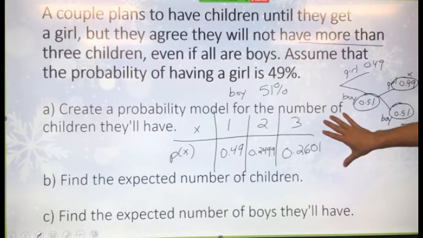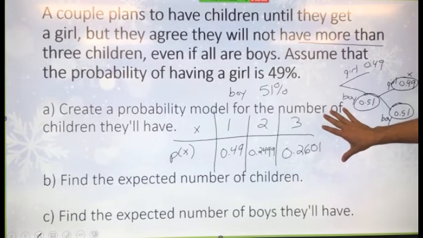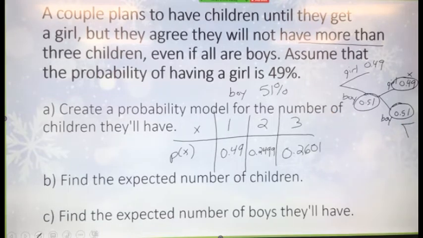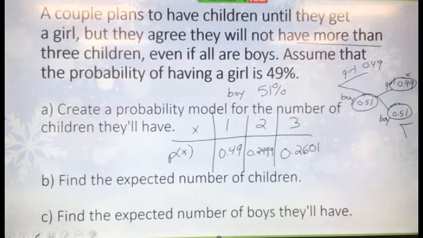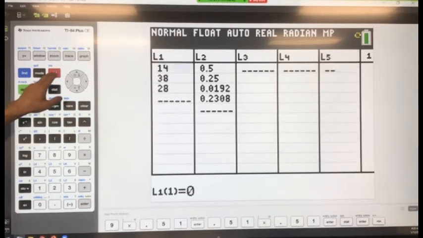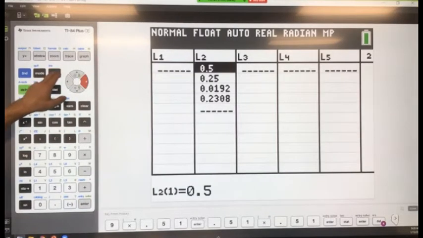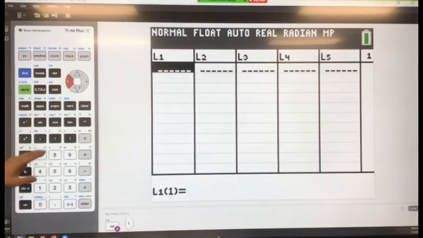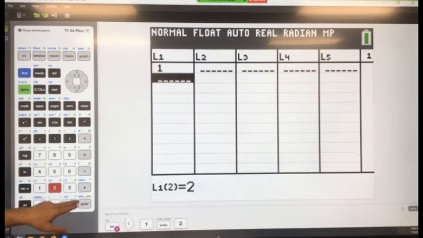If you didn't have this completed or correct, go ahead and type this into your calculator to find the expected number of children. So stats, edit. Let's delete what I have in there. I'm going to have 1, 2, and 3.